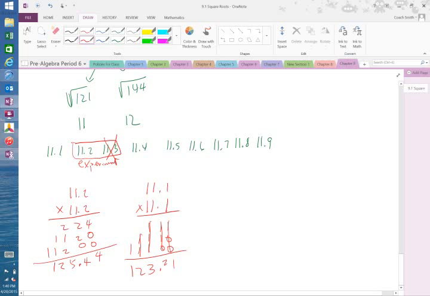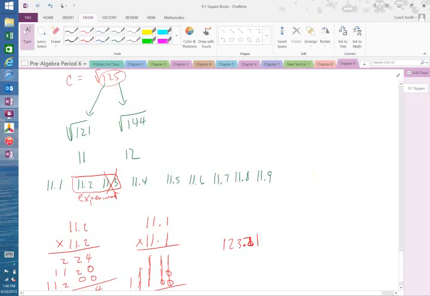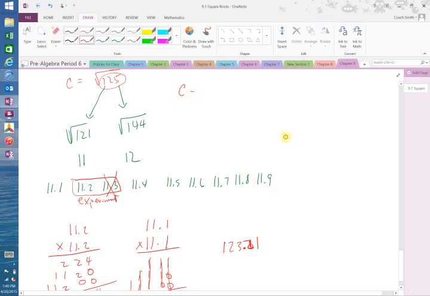So 123.21. So which is closer, 125.44 or 123.21? So that tells me then that the square root of c is equal to plus or minus 11.2. That would be your answer, approximating it to the nearest tenth.